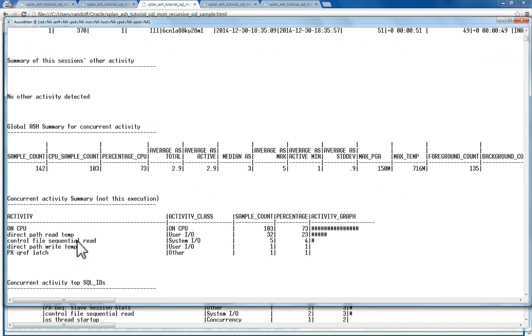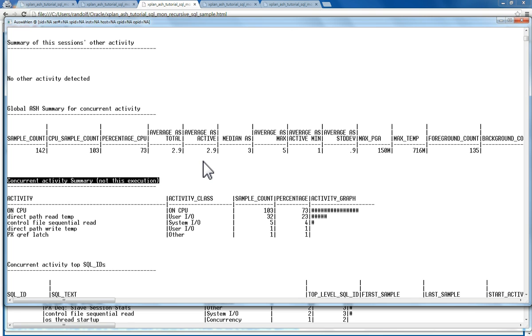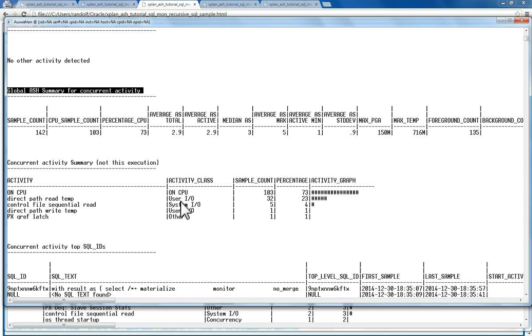Yeah, which means I can already continue with the next section, and this is still about this concurrent activity. So this is about the same samples that were covered by this section here, and you get now the information about the different kinds of activity that were found in the active session history. So was it CPU activity or IO activity or concurrency or whatever.